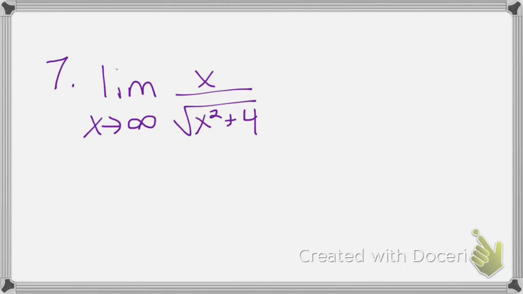So we're going to look at the powers here. The power on top is a 1. Now the power on the bottom, I'm not going to worry about that 4 right now, but just to think about what the power would be, that's the square root of x squared. Well, the square root and squared means I'm talking about an x, so the top and the bottom have the same power.